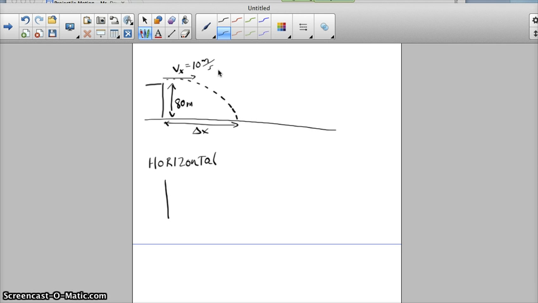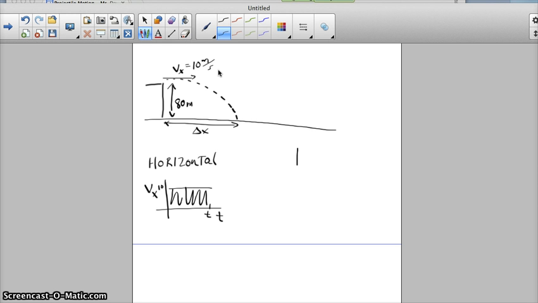I'm just going to start with a velocity in the x direction times time. And I'm going to draw this as a horizontal line because my horizontal velocity isn't going to change. And I know the value is 10. I don't know the time to hit the ground, so I'm going to call that t. And then this area I don't know either, so I'm going to leave that alone.